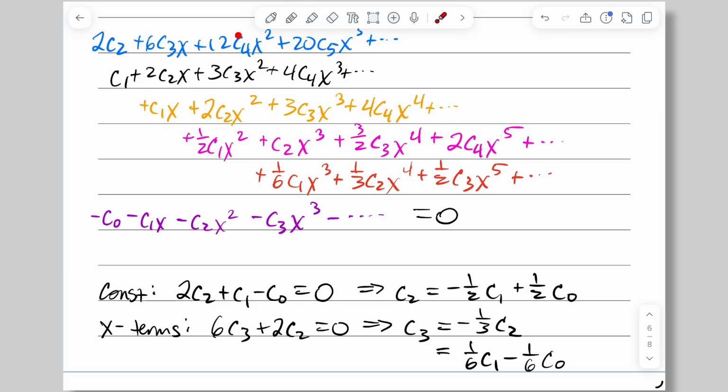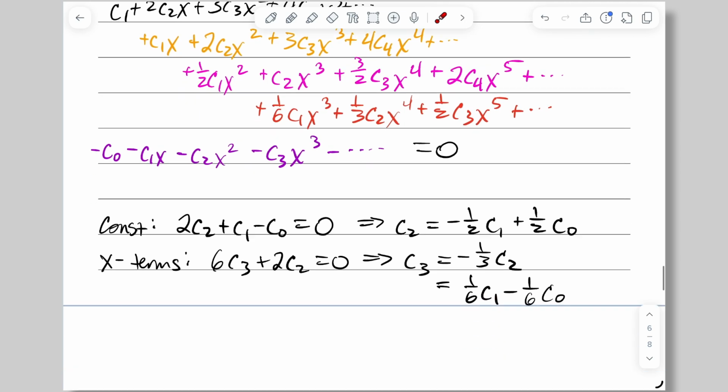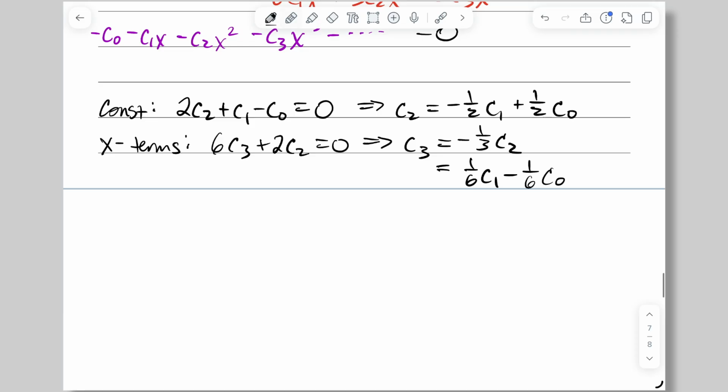This process can continue, and you can see that for the x squared terms, we have constants c1, c2, c3, and now c4. So I can express c4 in terms of lower subscripts, ultimately giving us c1 and c0. I'm not going to take it that far because we have what we need to write down 3 terms for each solution.